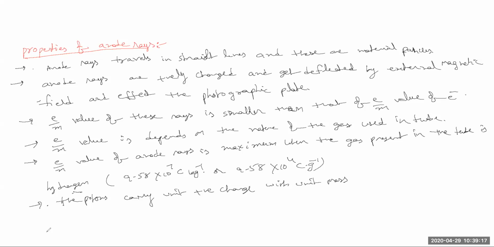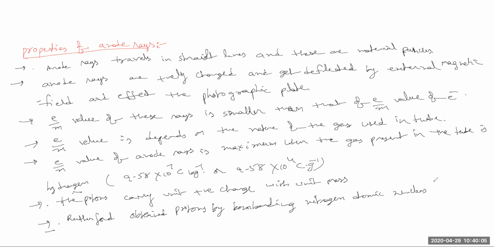So finally, last, what is the conclusion is, Rutherford obtained protons by bombarding nitrogen atomic nucleus with alpha particles.